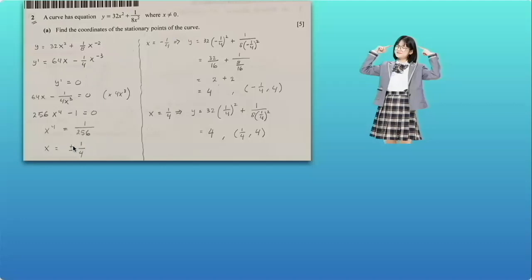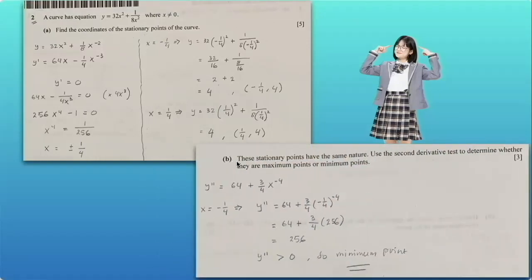There are 2 x values because in the question this word is plural, so more than 1. So we substitute these 2 x values, x equal to -1/4 and x equal to 1/4, into the curve equation to find y coordinate. So here are the 2 coordinates.